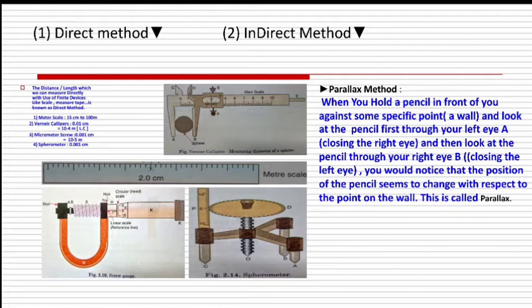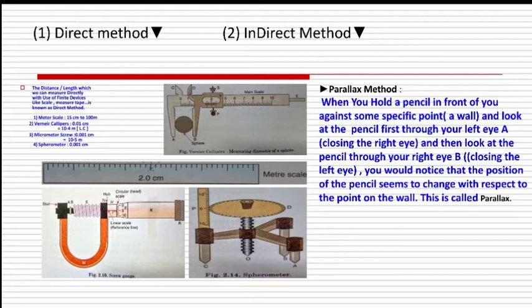These two directions make some angle at your eye point, and that angle is known as the parallax angle. This method is known as the parallax method. Again, when you open both eyes at the same time, you can see the object in 2 dimensions with the original depth.